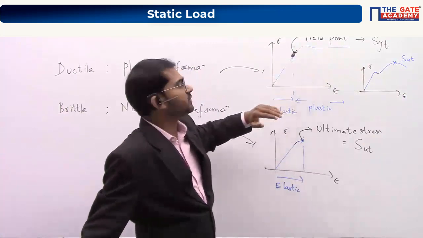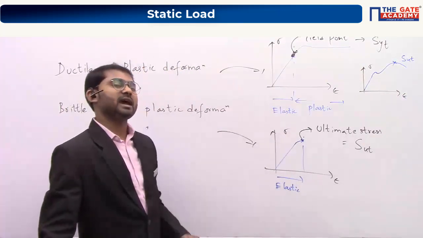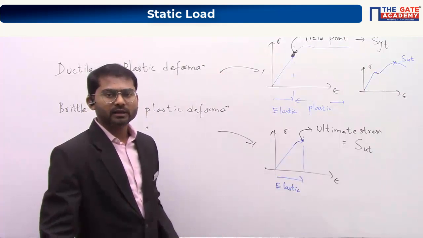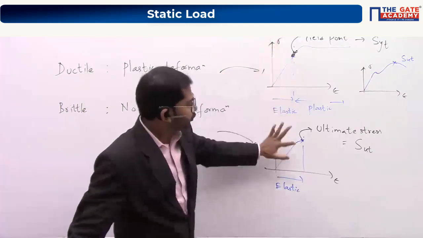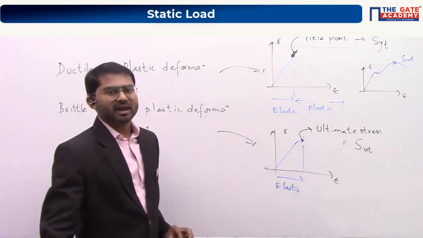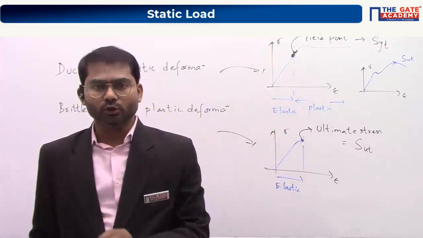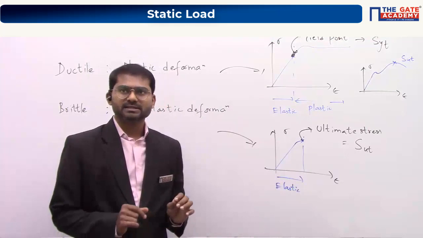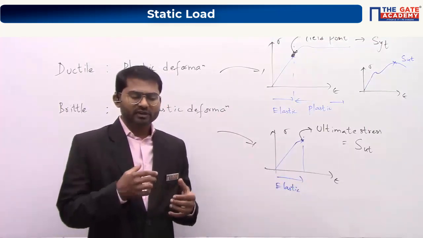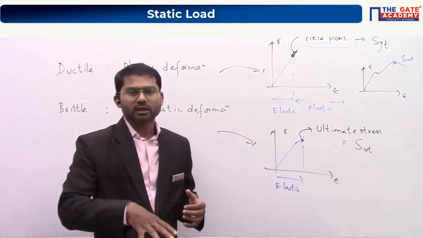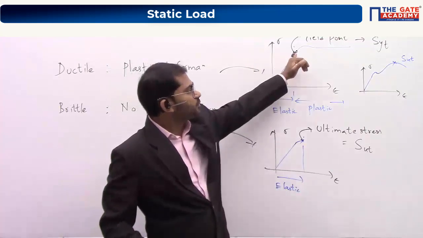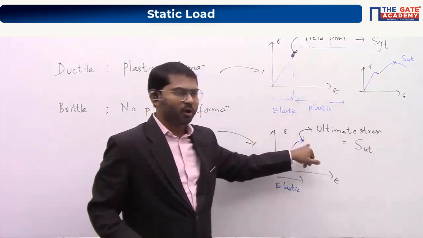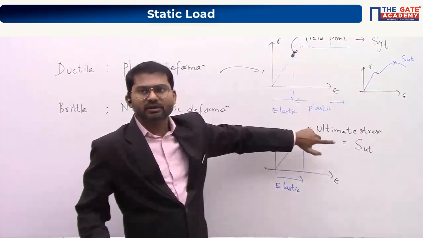So in ductile metals we have the yield point, and in brittle metals we have the ultimate point. Clear, everybody? And these two we call stresses at failure. We consider the metal failed once stress reaches this point in ductile metal and brittle metal respectively.